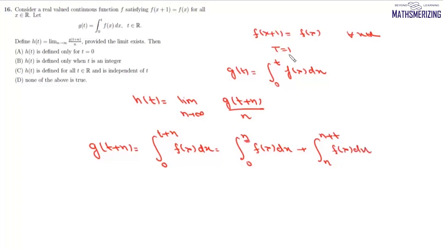Now this function is periodic with period 1. So we can write this as n into the integral from 0 to 1 of f(x) dx, and then plus, now this is from n to n plus t, and it will be from 0 to t.